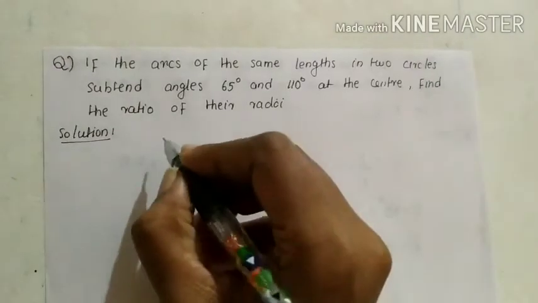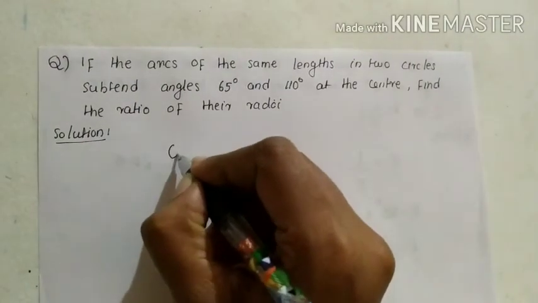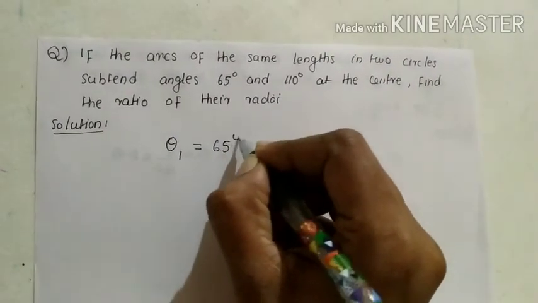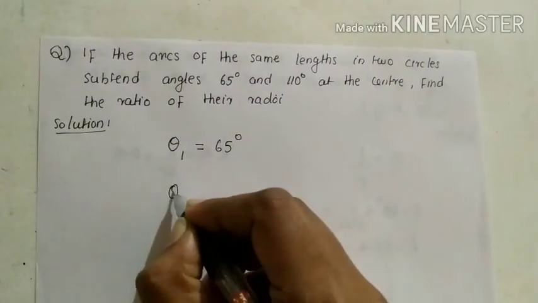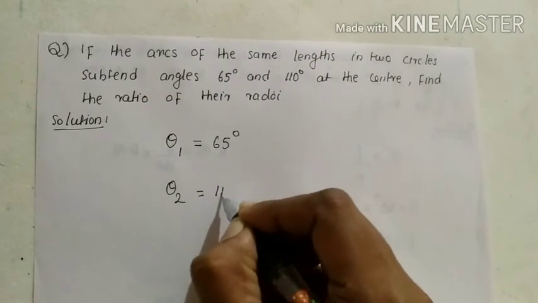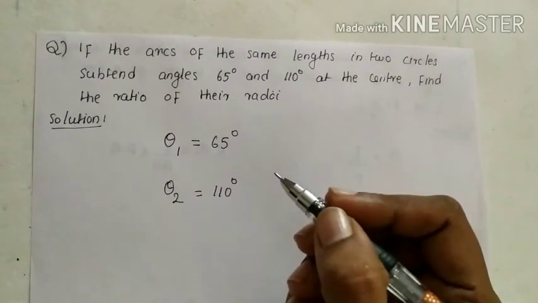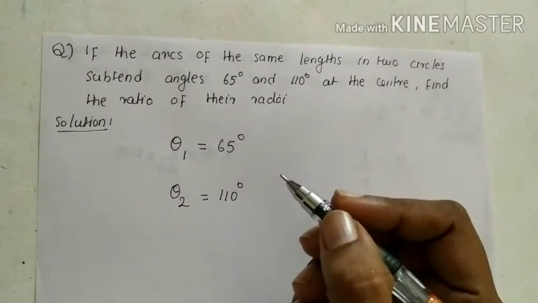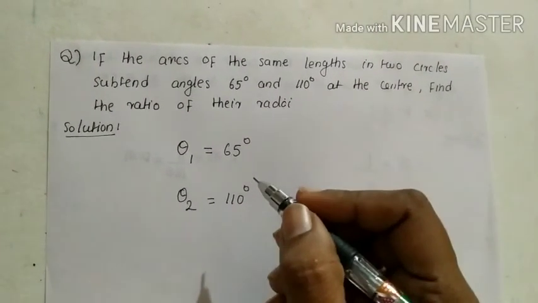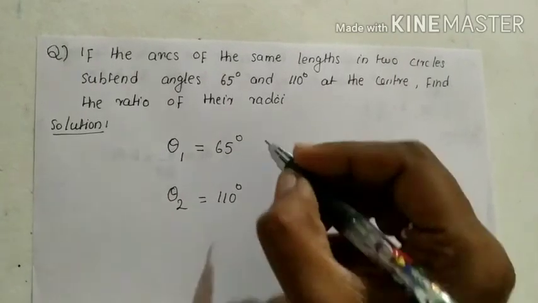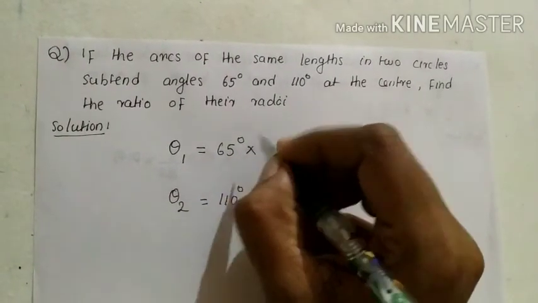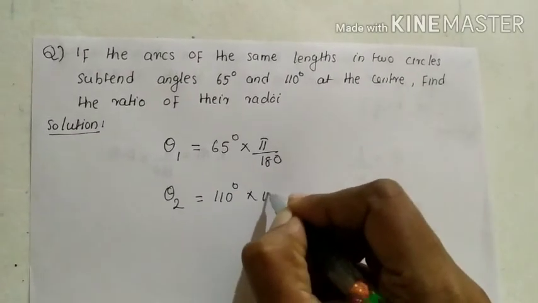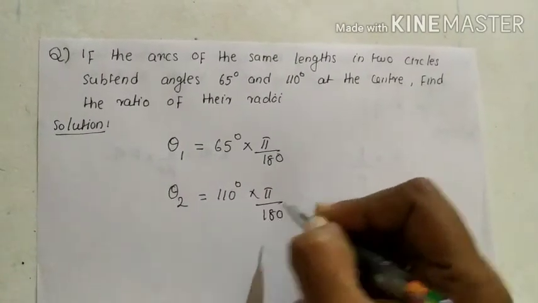So given that two angles, let the first angle be theta 1, 65 degree, and second angle theta 2, 110 degree. We know that theta is always represented in radian, so we need to convert it into radian measure. So multiply this degree measure by pi by 180, we get our radian measure.